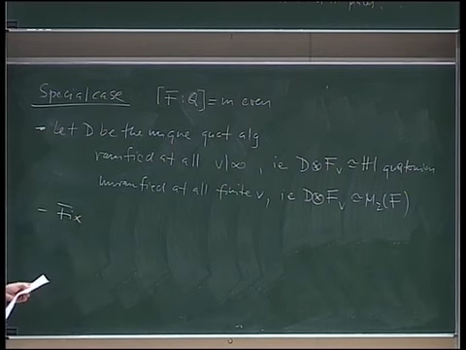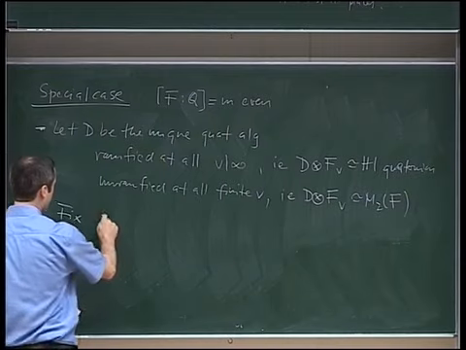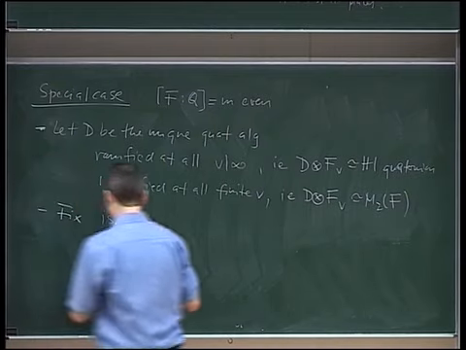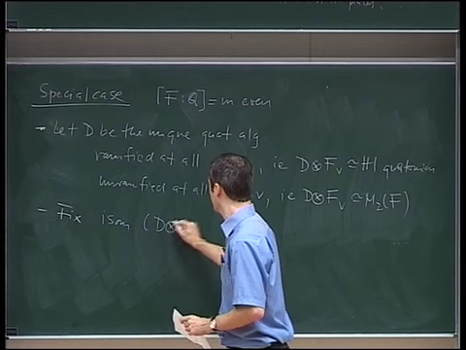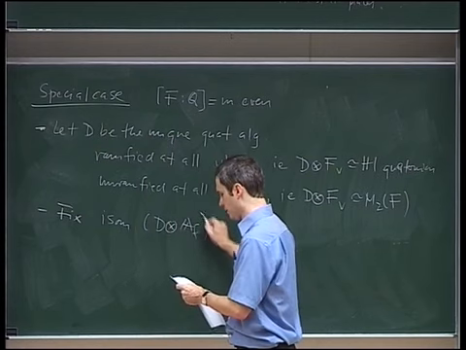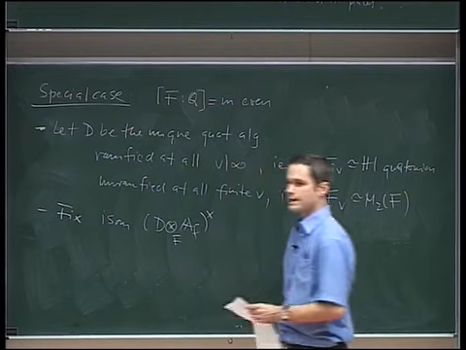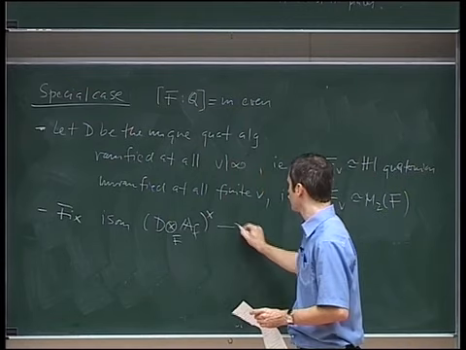By choosing a maximal order, I can fix a topological isomorphism of D tensored with the finite ideles with GL2 of AF.